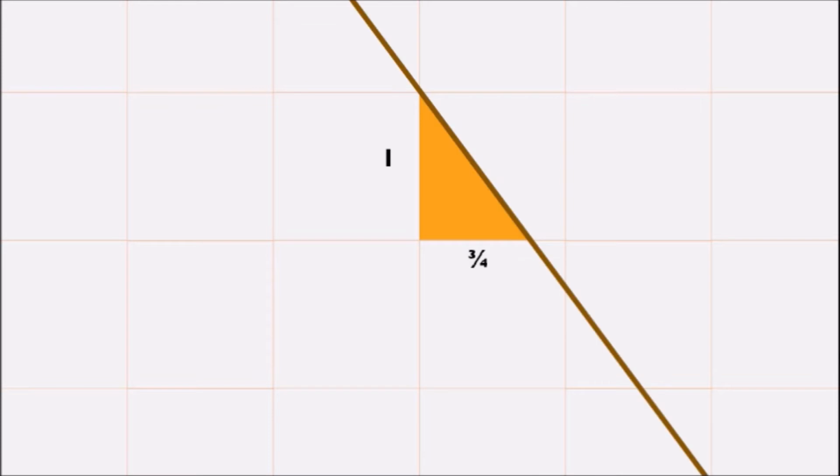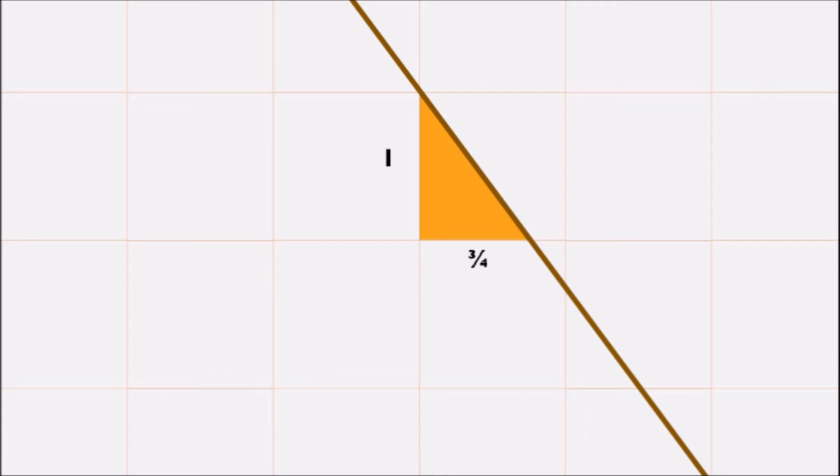So the first thing you're going to want to do to calculate the area of this triangle is draw a grid. This particular grid is 1 by 1, although other grids are available. Now we need to draw a line. This line goes as the hypotenuse of our triangle.